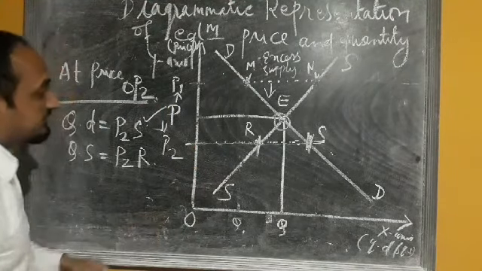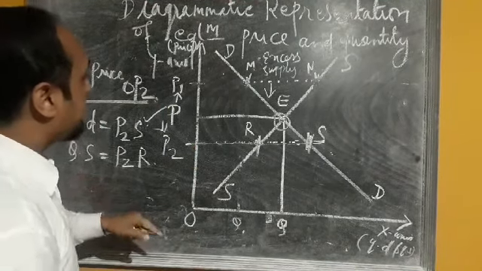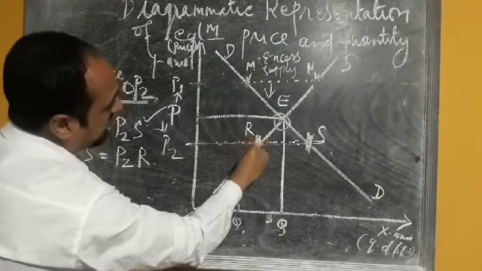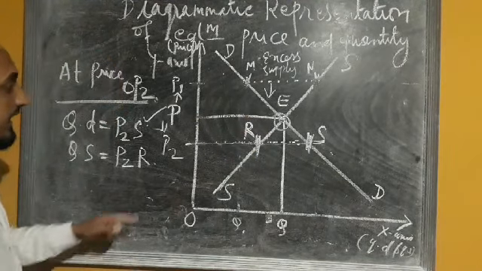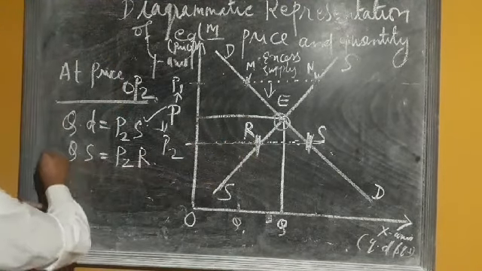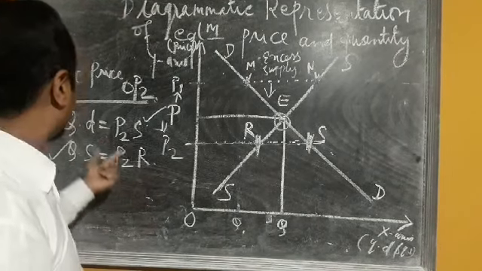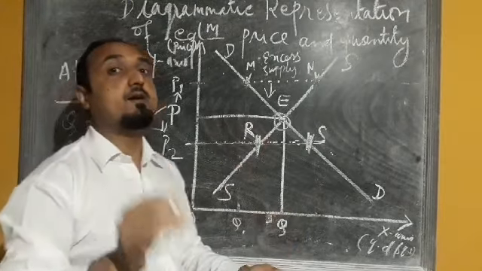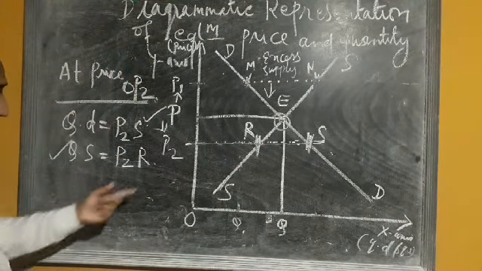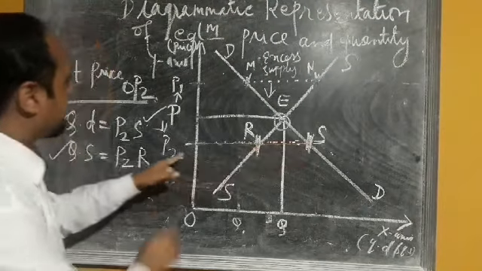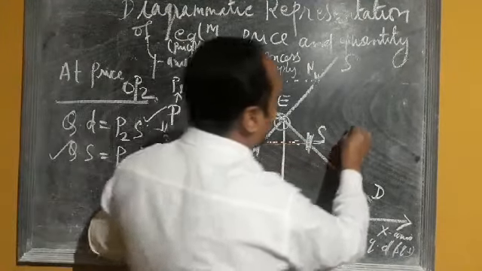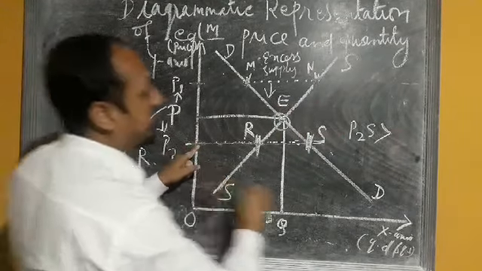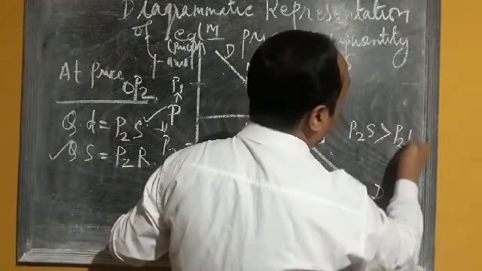Again, if you see the quantity supply, this line is intersecting the supply curve. This is our supply curve. It is intersecting at point R. That means P2R is our quantity supply. Now you have to compare whether the quantity demand is greater or the quantity supply is greater. P2S is greater than P2R.